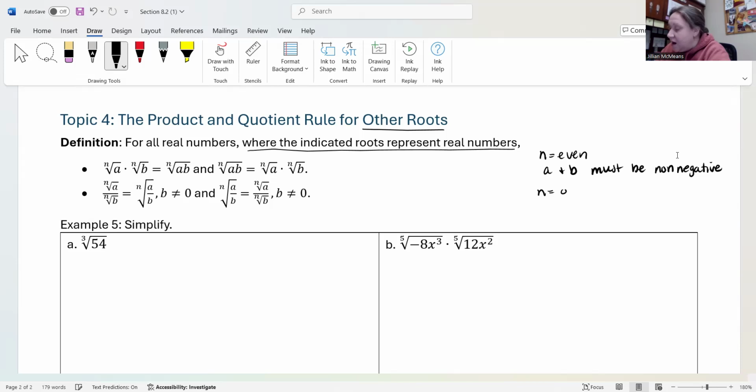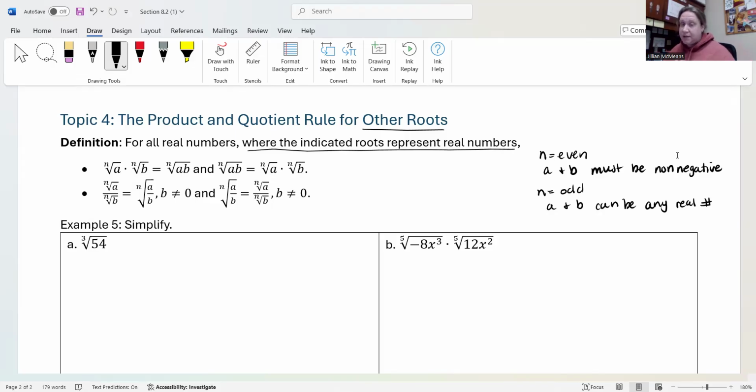If n is odd, A and B can be any real number. So please keep that in mind. When the index is even, all the rules for a square root apply. When the index is odd, all real numbers. You can have positives and negatives everywhere, okay? So be very cautious of what your index is.